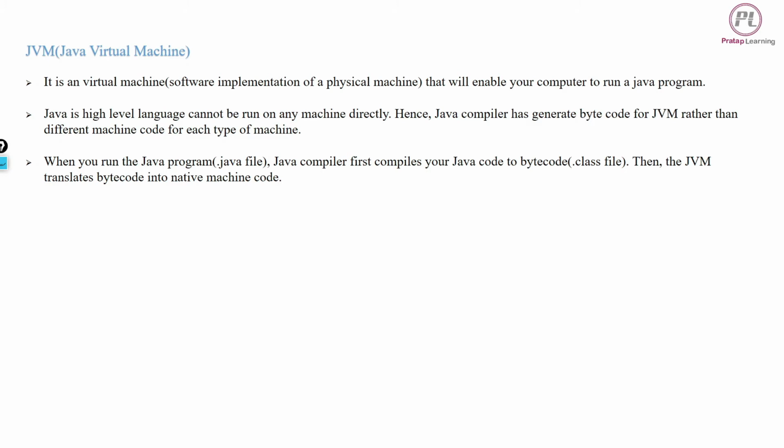Actually, one point is also there. Java is a high-level language and doesn't run directly on any machine. Hence, the Java compiler generates the bytecode for JVM rather than specific to the machine. Just taking one example to understand this in more detail.